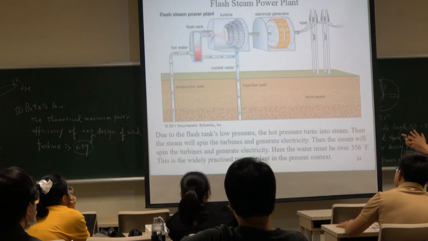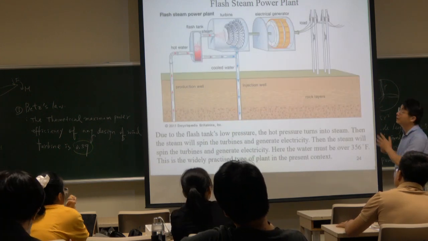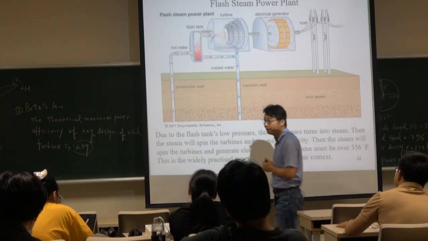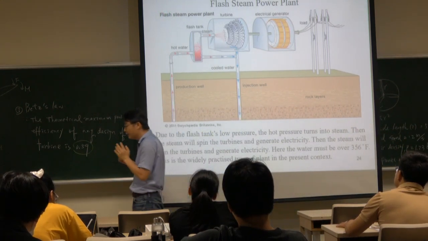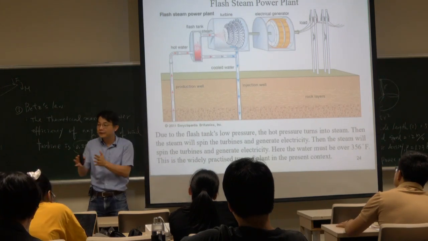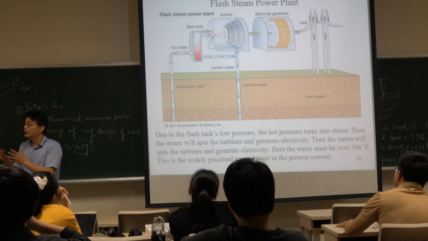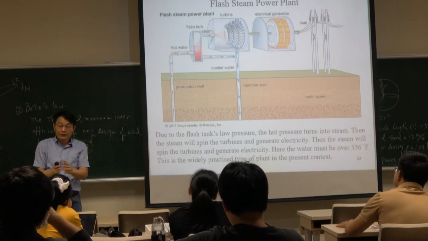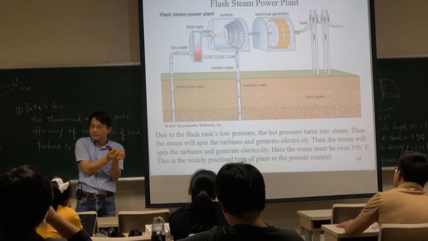And next is the low pressure steam. We call it flash steam. Underground, there's different pressure. You have the high pressure, low pressure, and you also have the hot water, right?